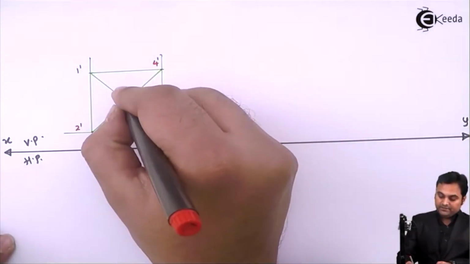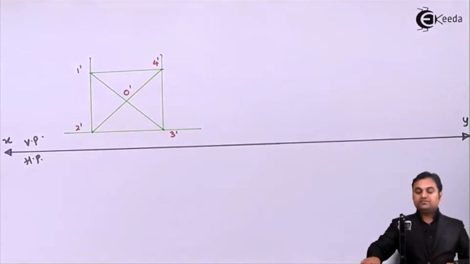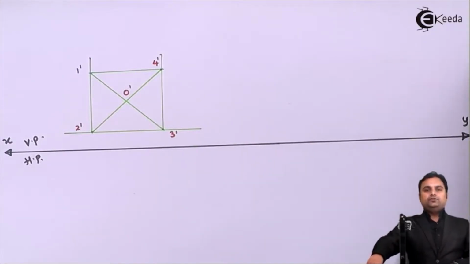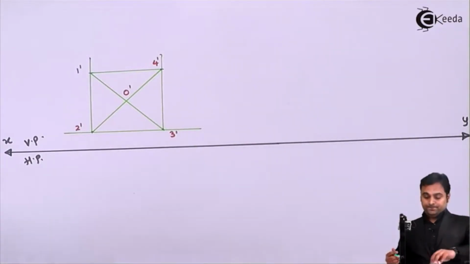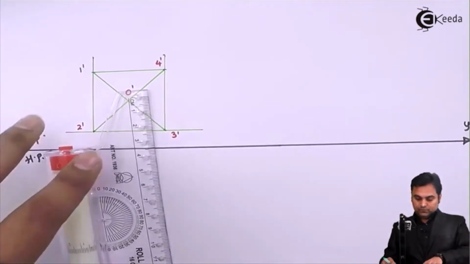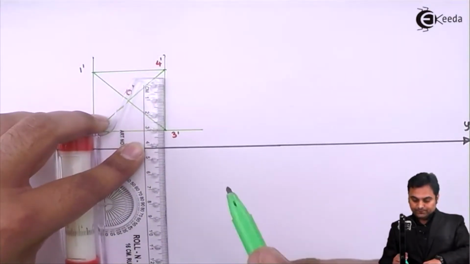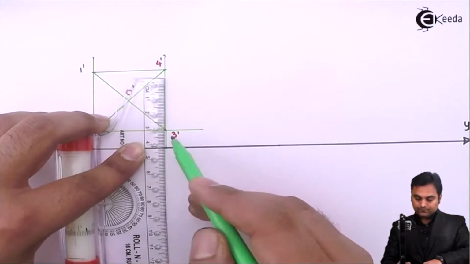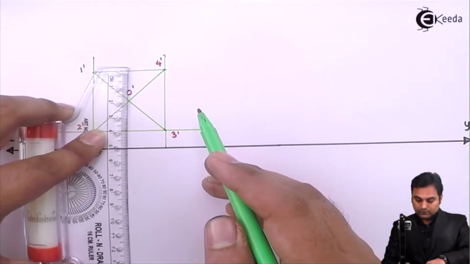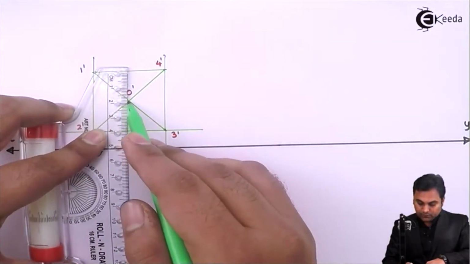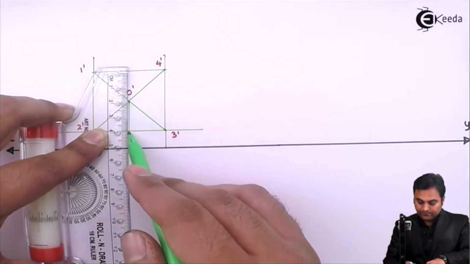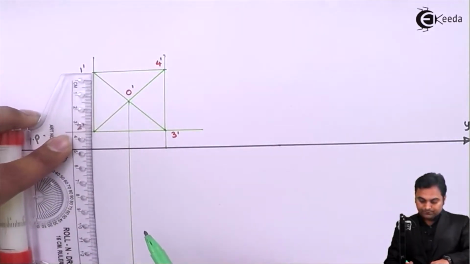Next, here is the apex, which is O dash, seen as a point in the front view because the pyramid is resting in VP. So projecting these points, and the apex, which will appear as a line in the top view.